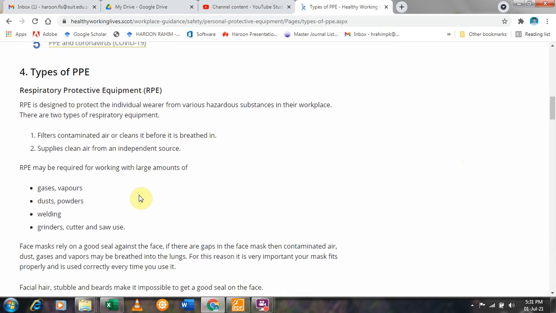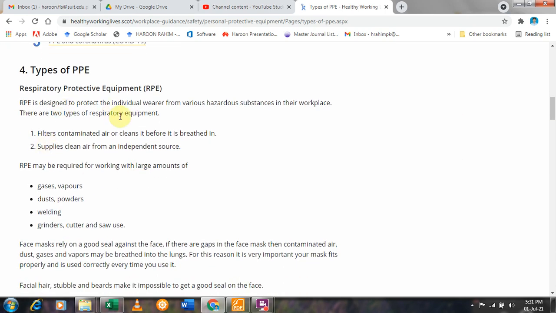Respiratory protective equipment is designed to protect the individual wearer from various hazardous substances at their workplaces. In the pharmaceutical industries, there are two types of respiratory equipment which are used to protect the individual from hazardous substances. The first one filters contaminated air or cleans it before it is breathed in.